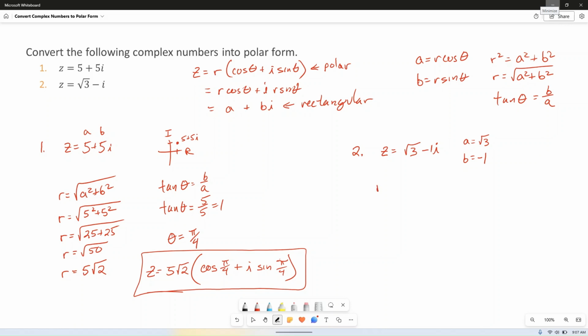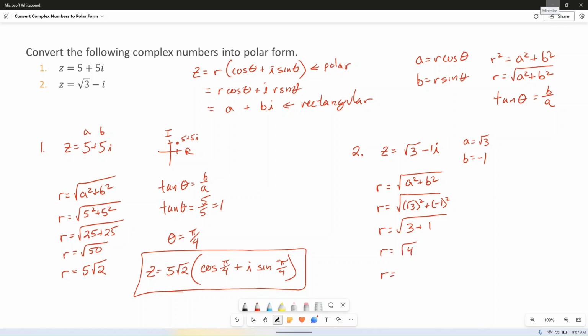All right, so we're going to follow the same process. r is the square root of a squared plus b squared. So r is equal to the square root of the square root of 3 squared plus negative 1 squared, which means r is equal to the square root of 3 plus 1, which is the square root of 4.